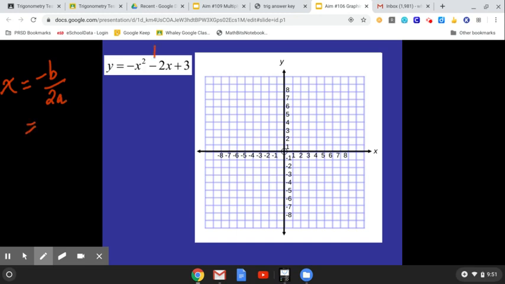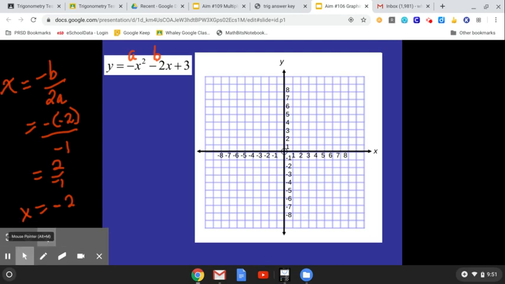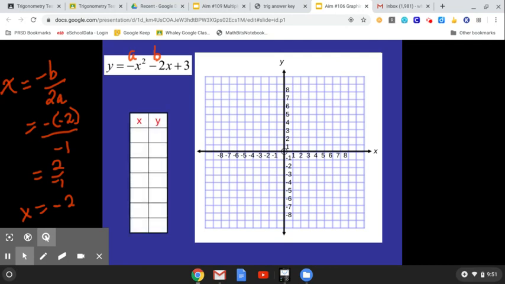Okay, my b value is negative 2, so negative b is like positive 2. A is negative 1, so 2 over negative 1 is negative 2. Okay, so that means in the middle of my table, I'm going to have the value negative 2 for x.